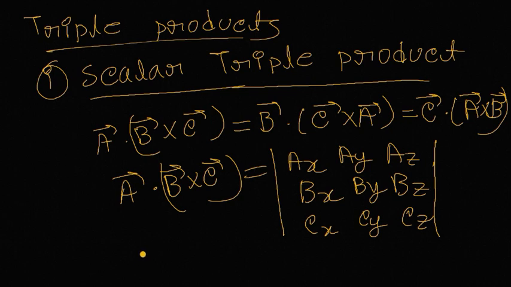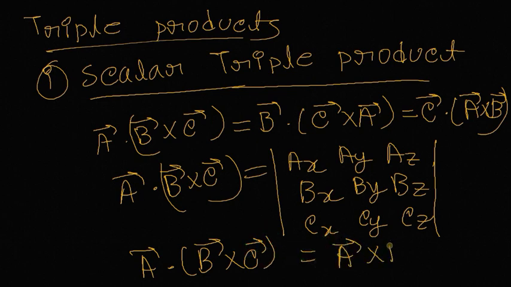Again it can be written as A dot B cross C equal to A cross B dot C. That means we can exchange the dot and cross.